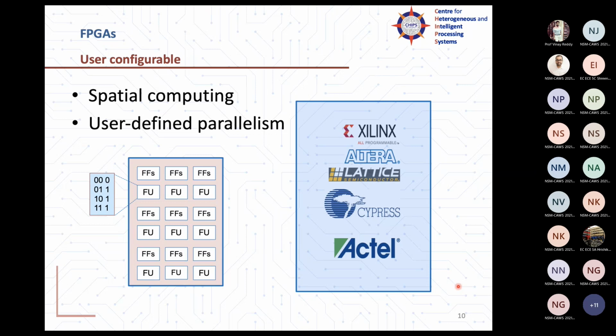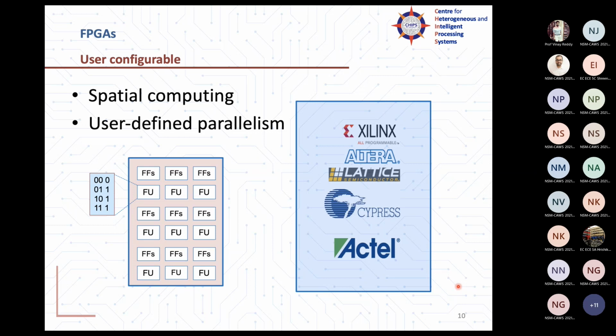Now let's say I have a different application, an image processing algorithm. I use my memory to store the images in whatever format, and I have operations that are very specific to what is needed in an image processing algorithm. This is the way transistors are being used on an FPGA.